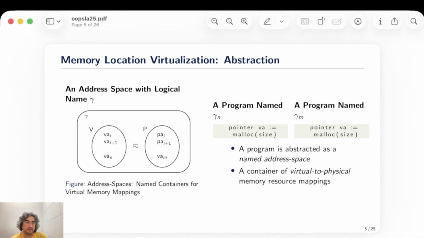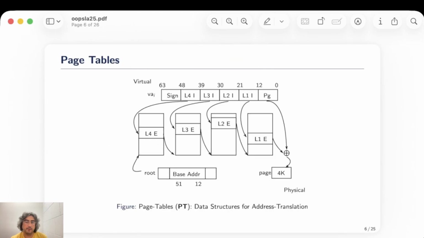Memory virtualization is realized in a well-known abstraction called address space. We can think of address space as a named container for virtual to physical memory mappings. The core mechanism realizing memory virtualization is called address translation, and it's implemented with a data structure called page table trees, or sparse page table entry trees. In the middle we see 4 levels of tables realizing a sparse page table tree.